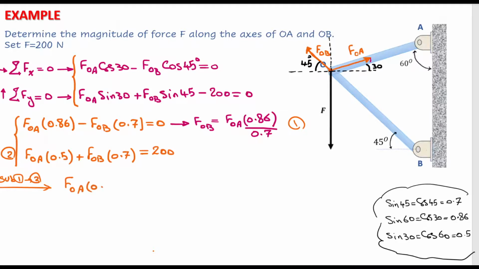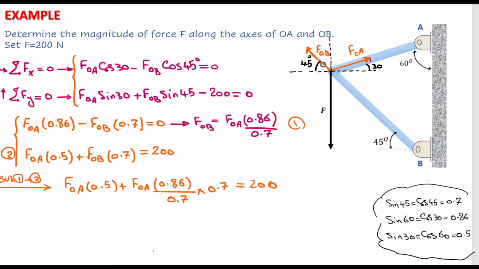Okay, so FOA times 0.5 plus FOB, that is FOA, I'm taking from here, FOA 0.86 divided by 0.7 times 0.7. This 0.7 is coming from here, then equals 200.